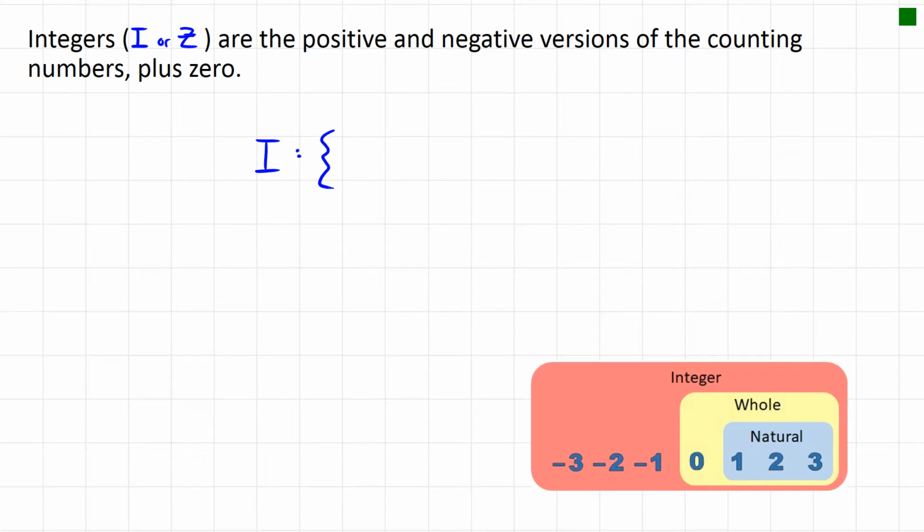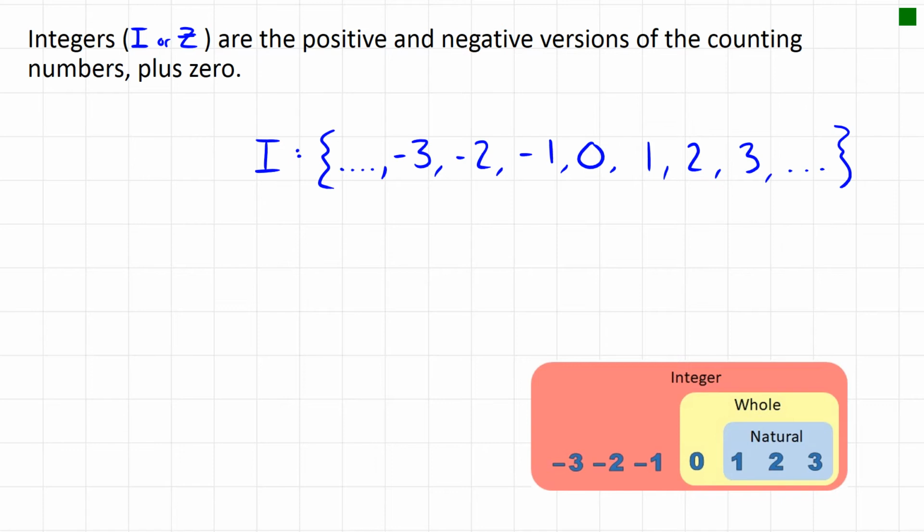And now there's no beginning on the left-hand side of integers. It comes out of an infinitely long stretch of numbers, and then you have, I'll write -3, -2, -1, and then 0 is included in integers, and then +1, 2, 3, and so on. So that's our set of integers.